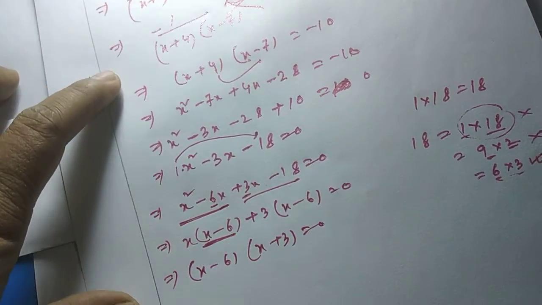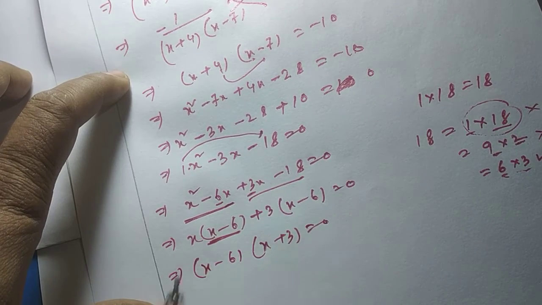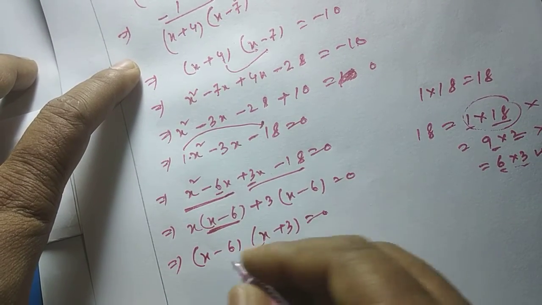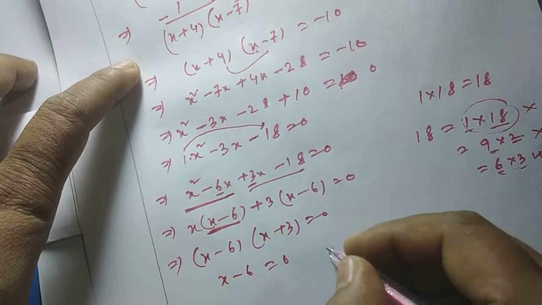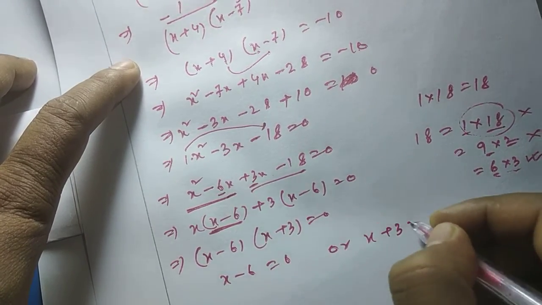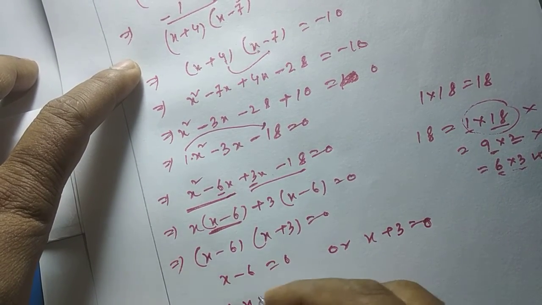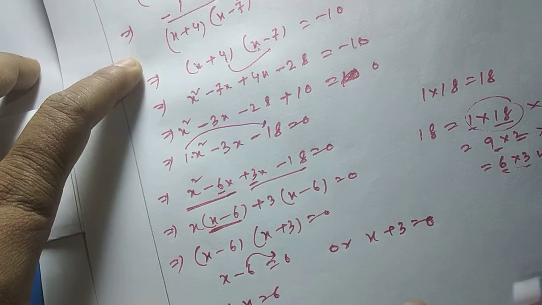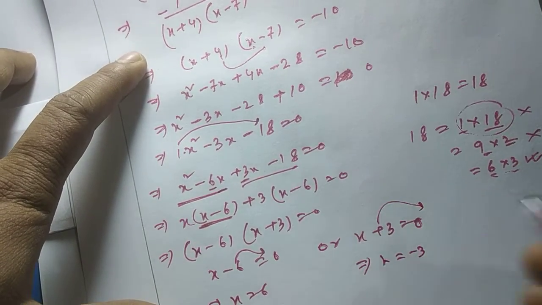So ultimately we have got two factors, two monomials. So we can say either x minus 6 equal to 0 or x plus 3 equal to 0. From here we can get x equal to 6 by taking on the right hand side, x equal to minus 3 by taking on the right hand side.